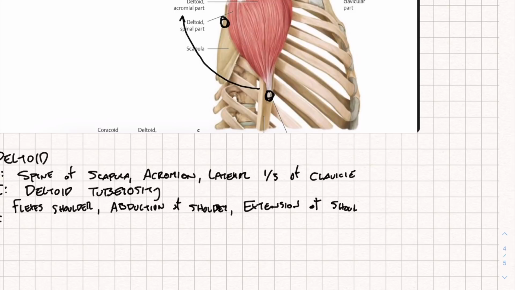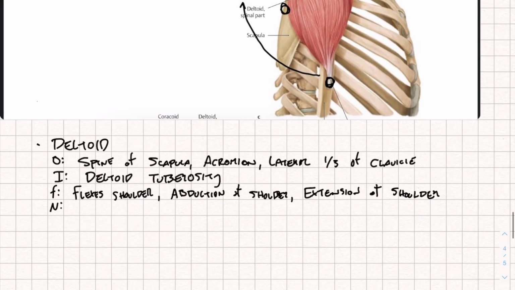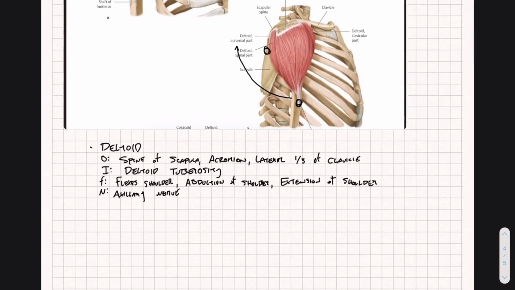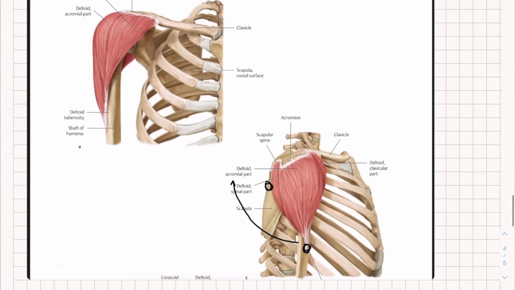And that's just the opposite of flexion. So extension of the shoulder. The nerve that innervates this is the axillary. And if you can remember, the axillary nerve also innervates that teres minor muscle. So there's the deltoid and the information we need to know about that.